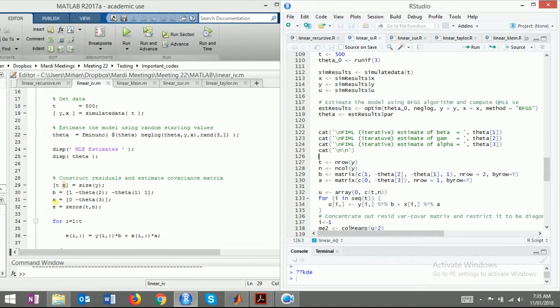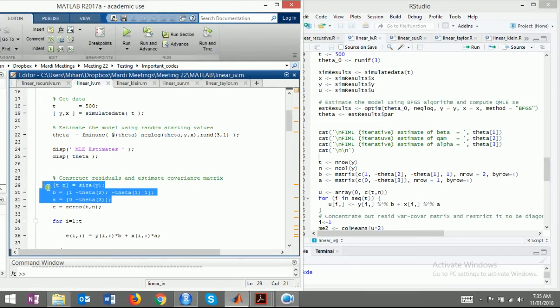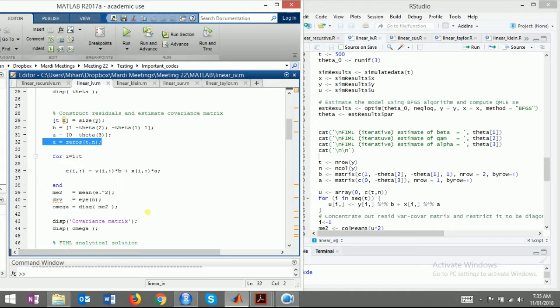So again things are being repeated here, and residual we have to do again, construct the residual in loop. Zeros Tn, y array, we're going to store in array 0 Ctn 1 to T. So the reduced form is by plus ax.